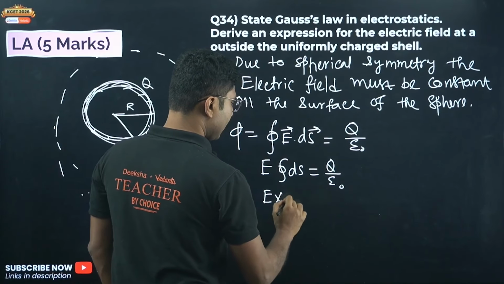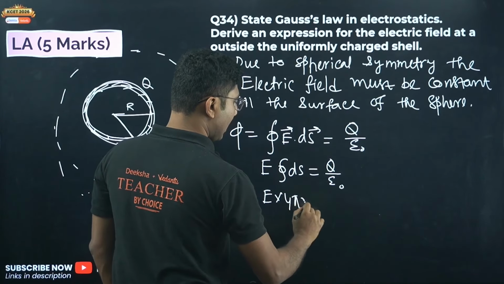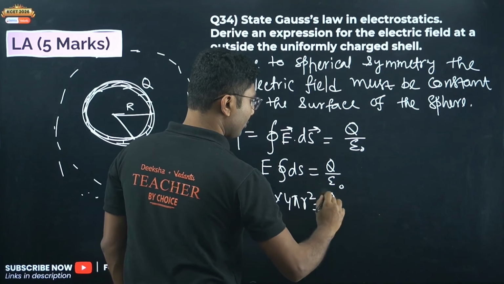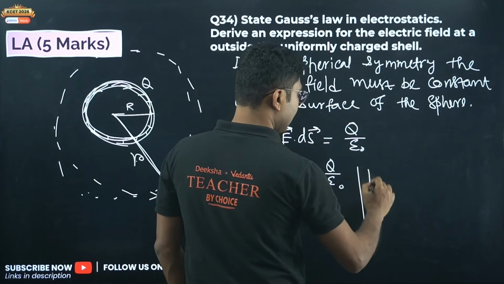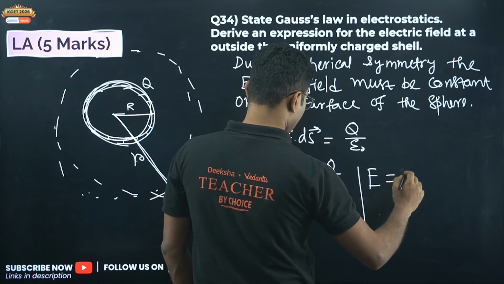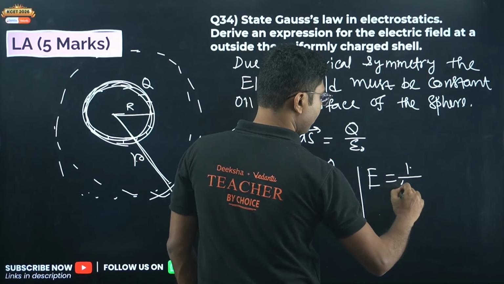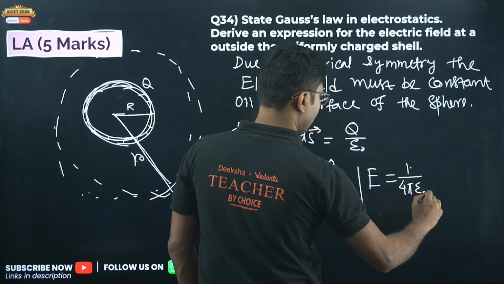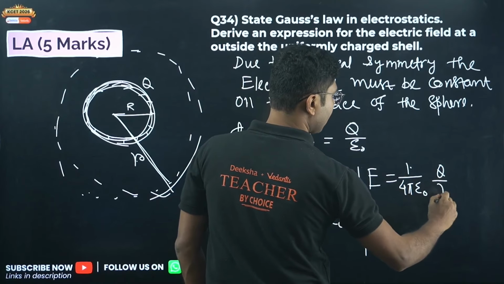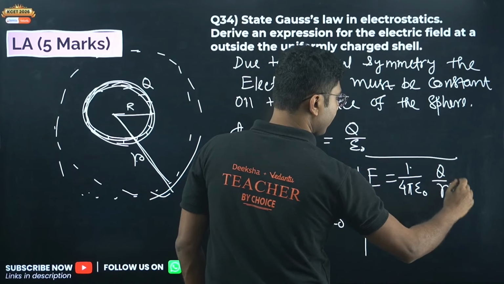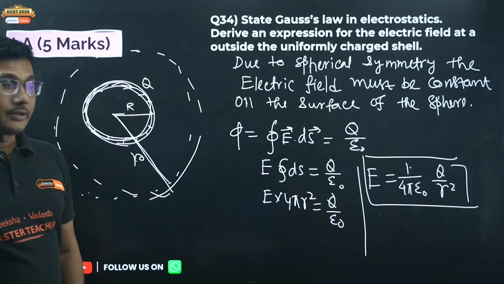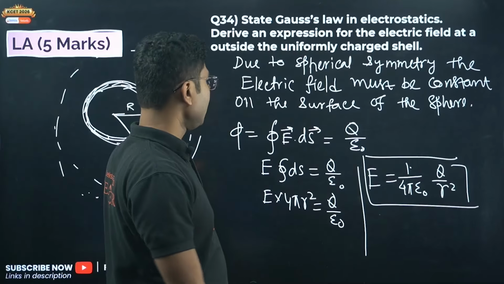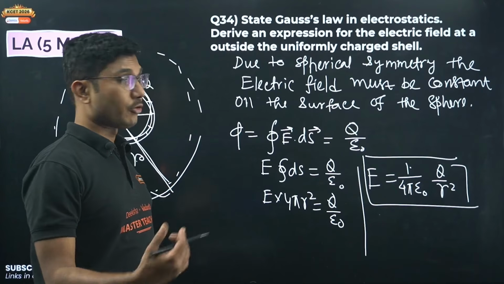It is nothing but 4 pi r square, and that equals q by epsilon naught, and from here we get E equals 1 by 4 pi epsilon naught times q upon r square, sorry. So this is the expression for the electric field due to a point charge.